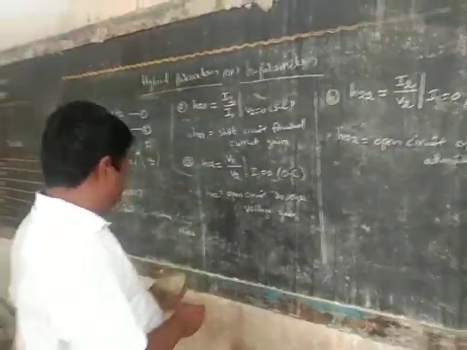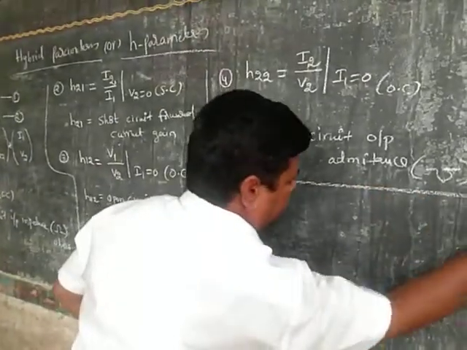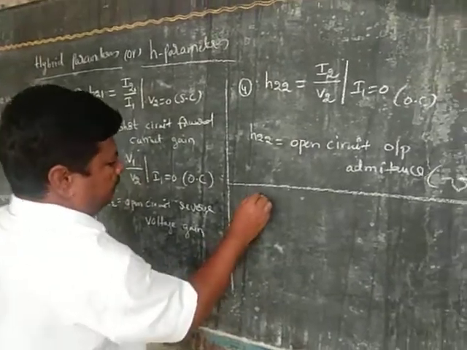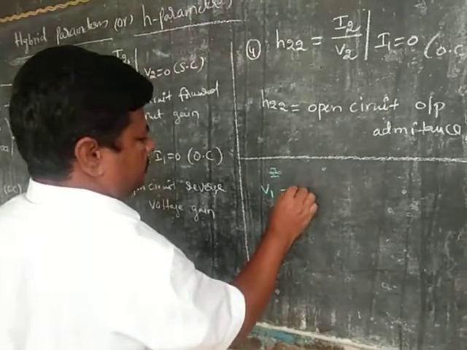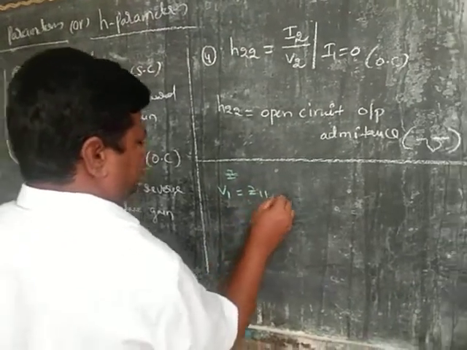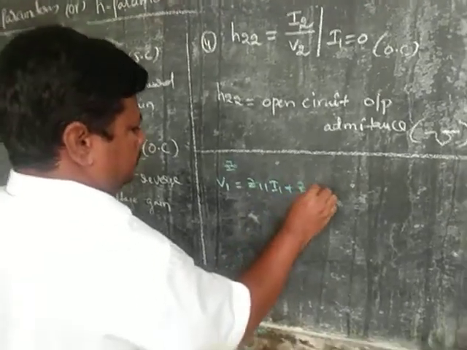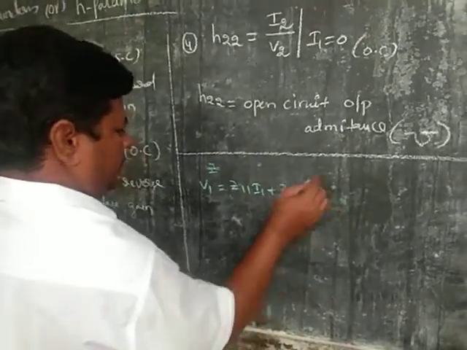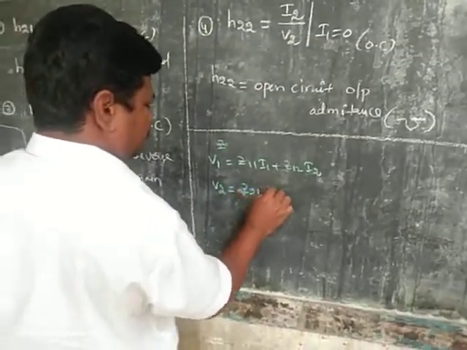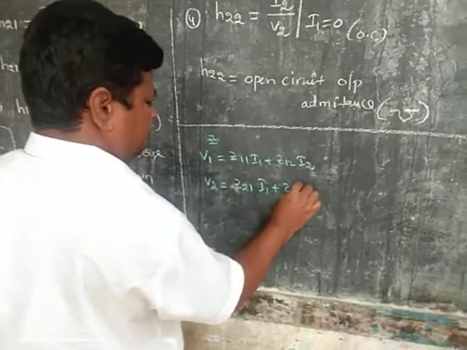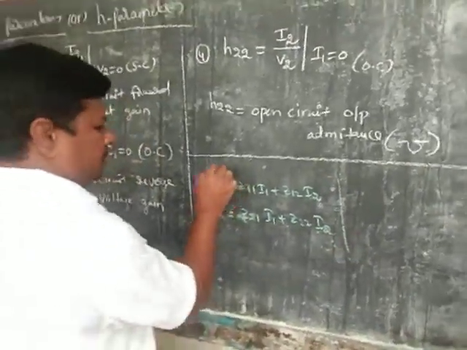Now we already know Z parameters and Y parameters. Z parameters: V1 is equal to Z11 I1 plus Z12 I2, and V2 is equal to Z21 I1 plus Z22 I2.